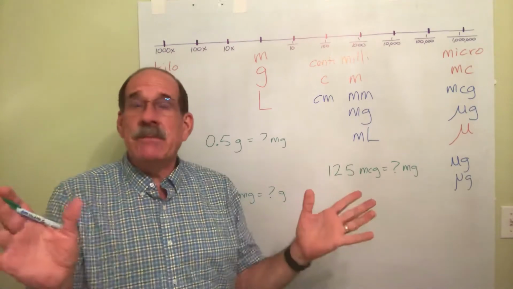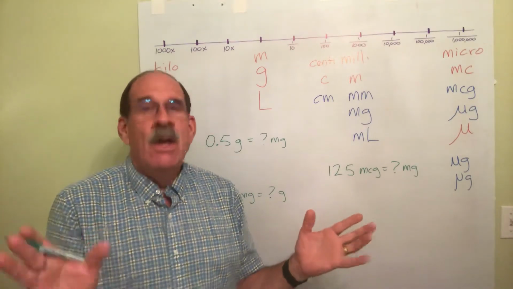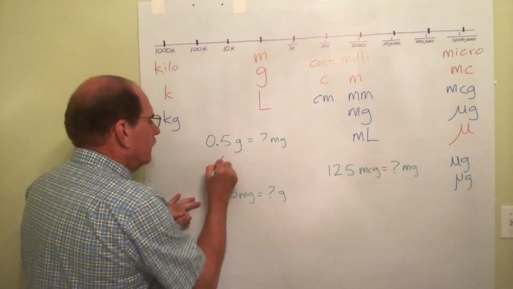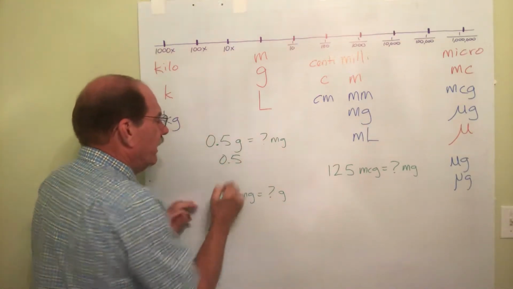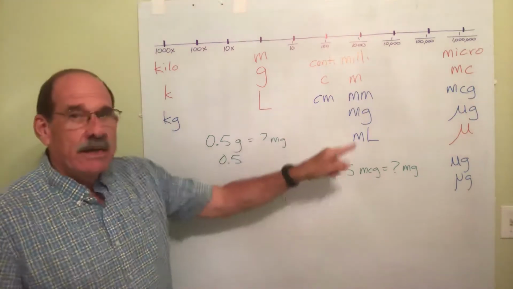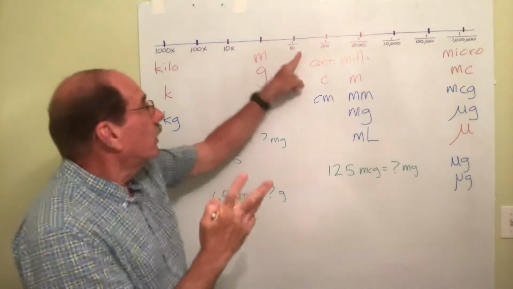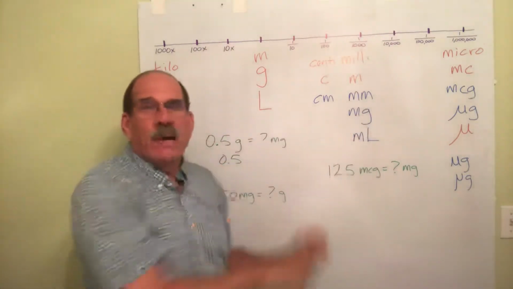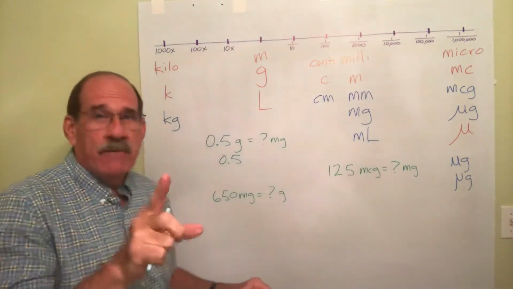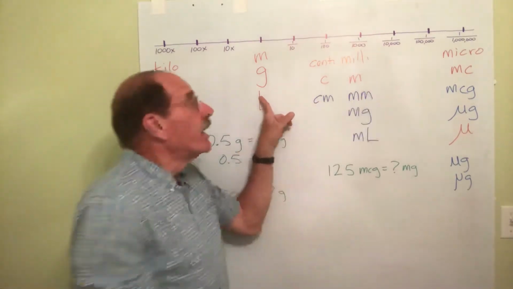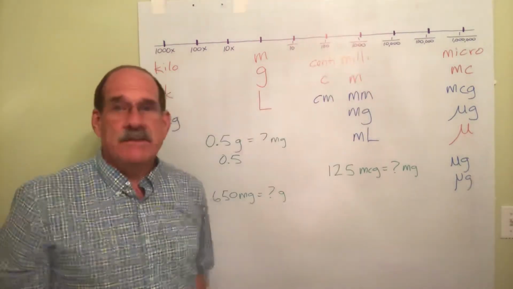In other words, all I'm doing, you ready for this? All you have to do to convert this number, 0.5 grams, into milligrams, is move the dot 3 places, 1, 2, 3, to the right. Because I'm going from here to here, that's right, and I'm going 1, 2, 3 little hops to get there.